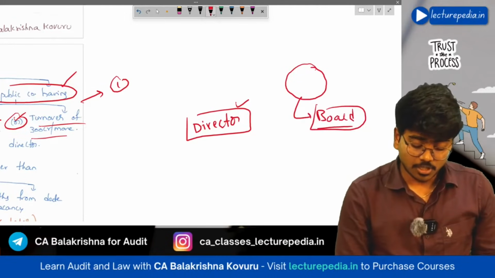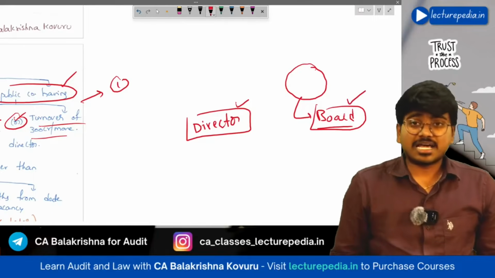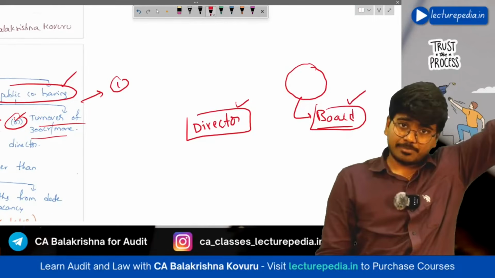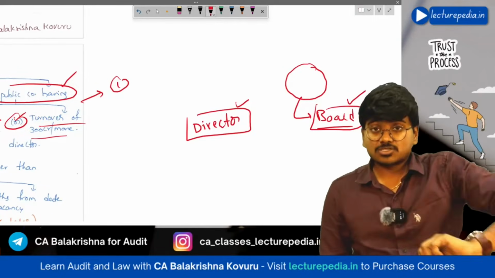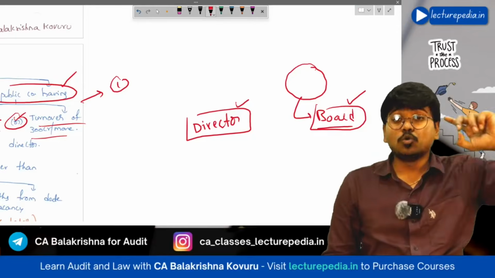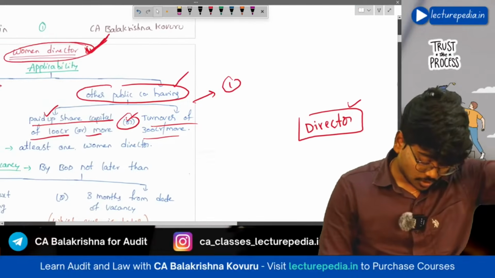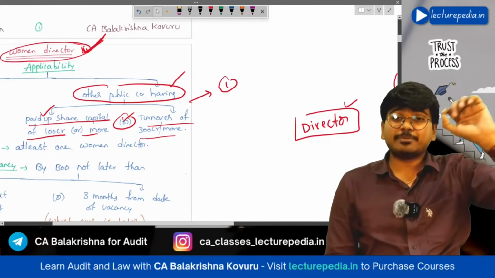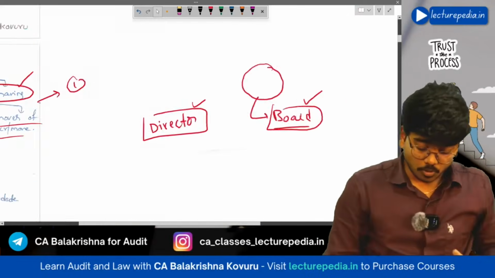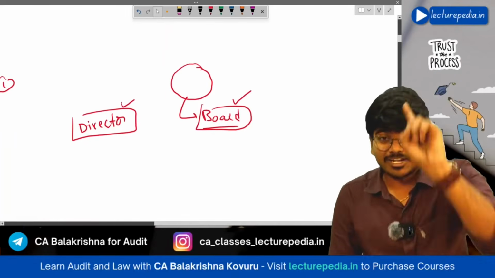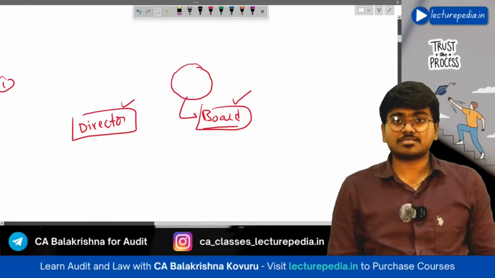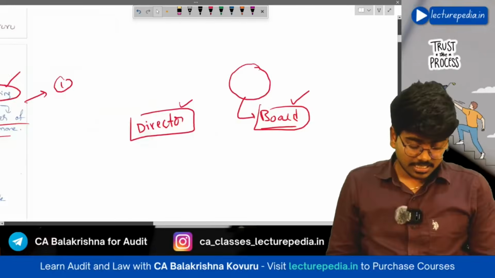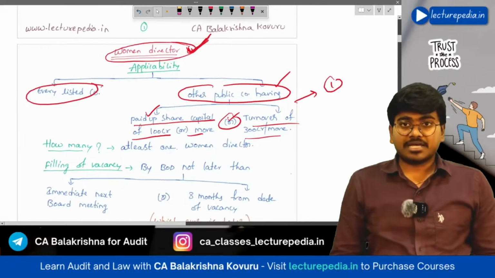Hope that is clear. Now, the board of directors of all the listed companies and the board of directors of public companies whose turnover is 300 crore or more, or whose paid up share capital is 100 crore or more, must have at least one woman director in their board of directors. Hope that is clear. This is the applicability of women director.